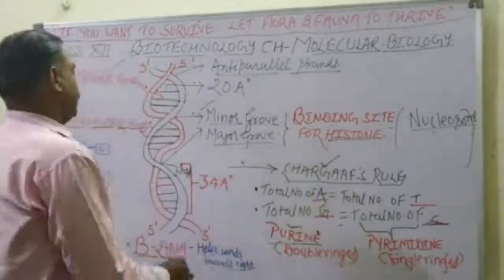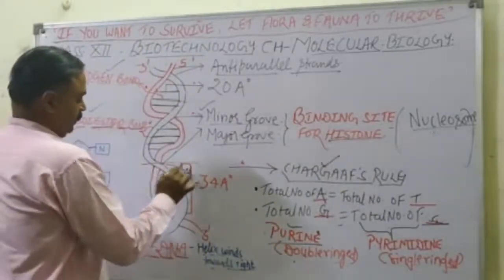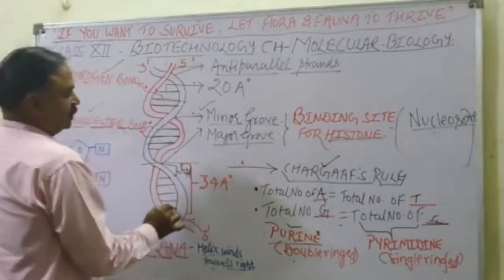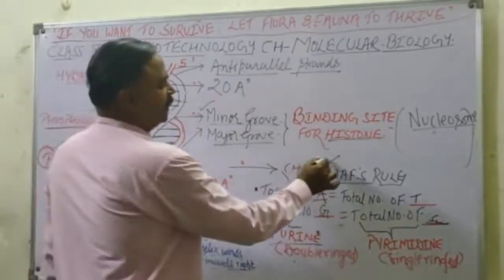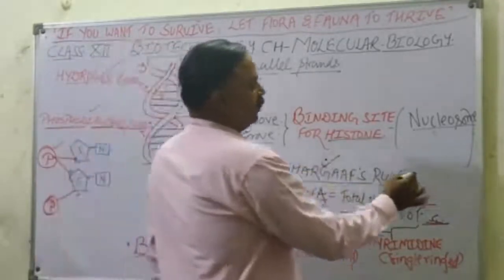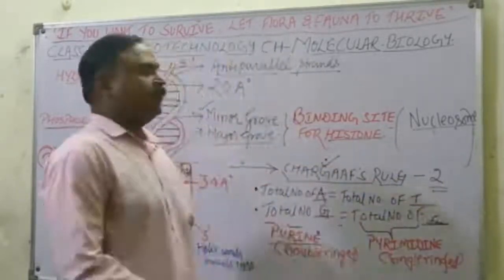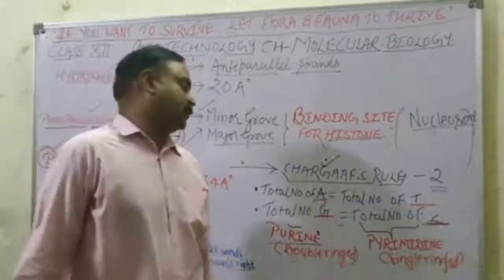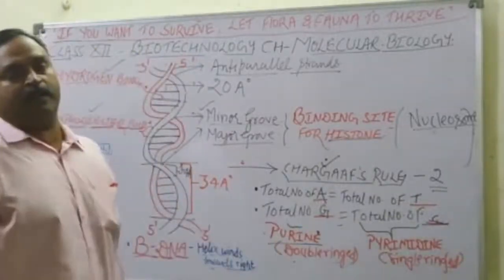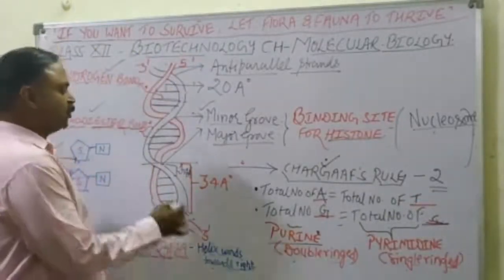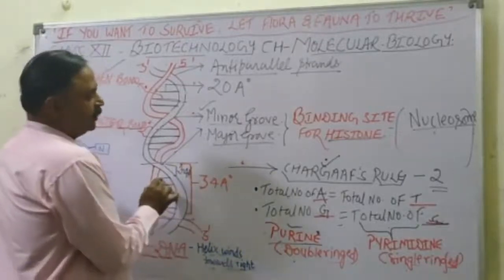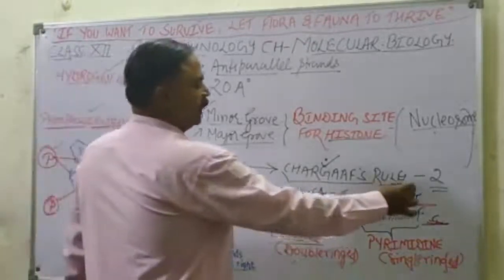Now the next important and the concluding part of this structure is, have you heard about Chargaff's rule? It's very important. Asked for 2 marks, maybe for 1 mark also in the compulsory section. What is Chargaff's rule, children? Chargaff's rule means the total number of adenine is equal to the total number of thymine.